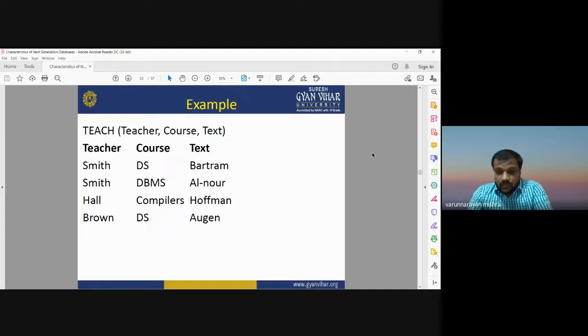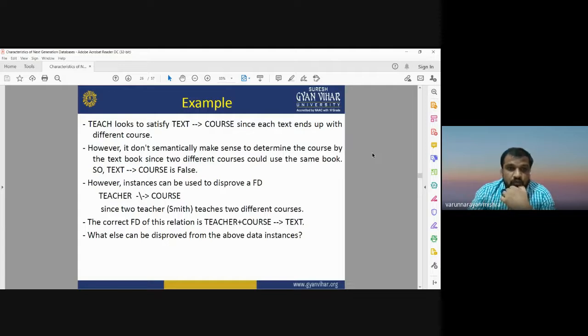This is the name of the teacher, the course taught by the teacher, and the text. Now we are going to see how functional dependencies work in that case. Text to course looks to be satisfied, since each text ends up with different courses. However, it does not semantically make sense to determine the course by the textbook, since two different courses could use the same book.